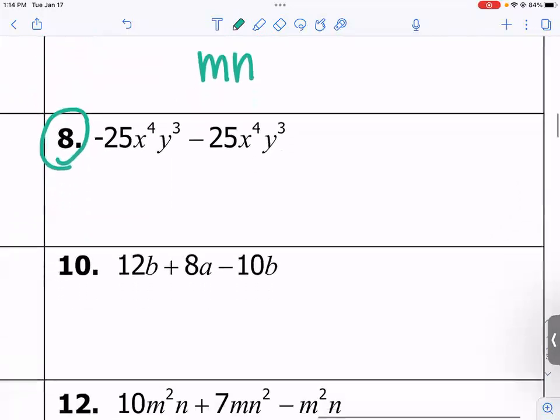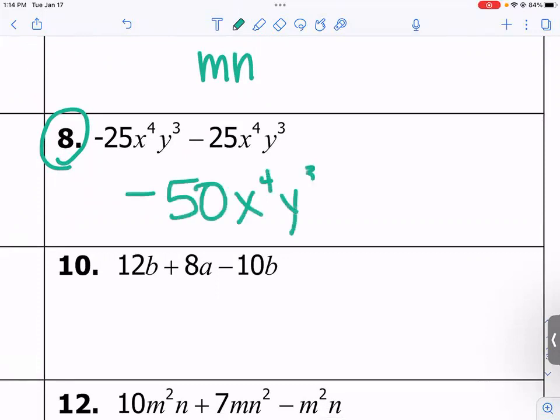All right, Andrew, what did you get for 8? We agree here? Who said no? You don't agree? Okay, what did you get? Okay, so if we have negative 25 minus 25, so we're already negative.